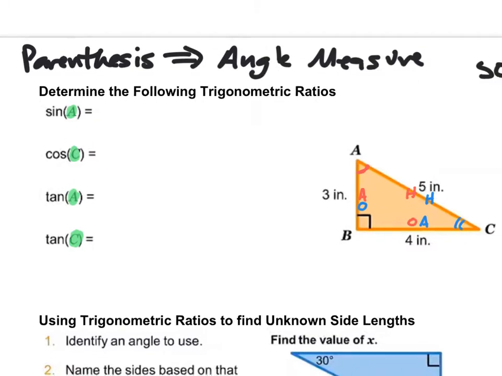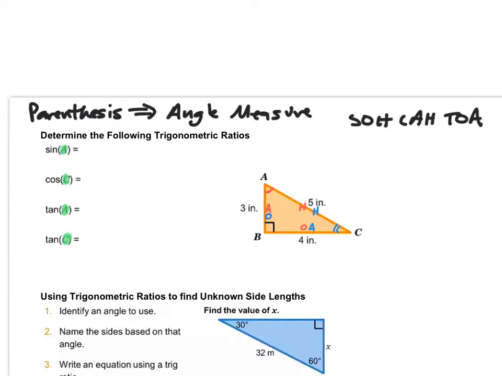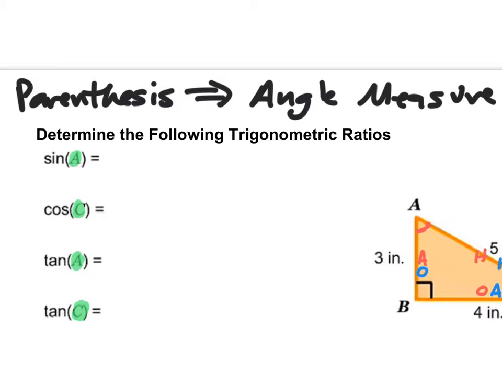Sine is the opposite side divided by the hypotenuse. With angle A, my opposite side is 4, and my hypotenuse is 5. So I would write that this has a measure of 4/5. And that's what sine of A is, and that's your answer.